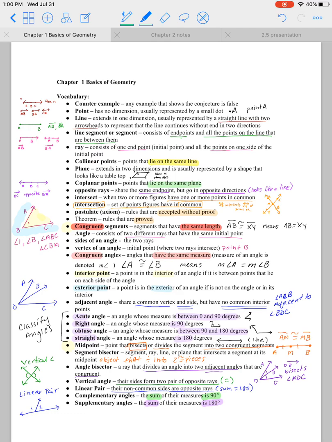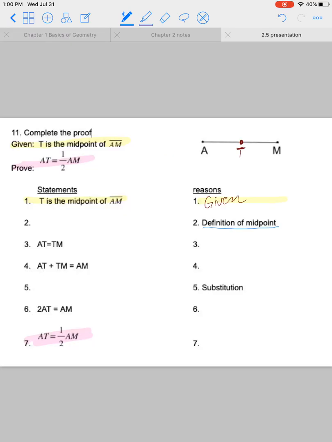It bisects or divides our segment into two congruent segments. So we have a midpoint. We are going to get two congruent segments. So the two segments we're going to get are on each side of T. So we're going to get segment AT is congruent to segment TM.